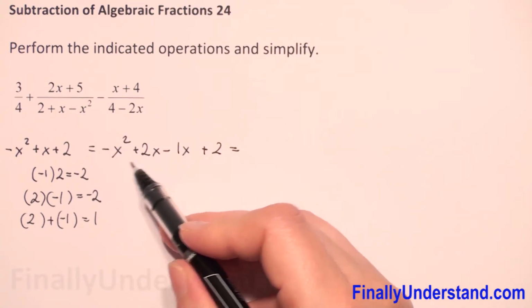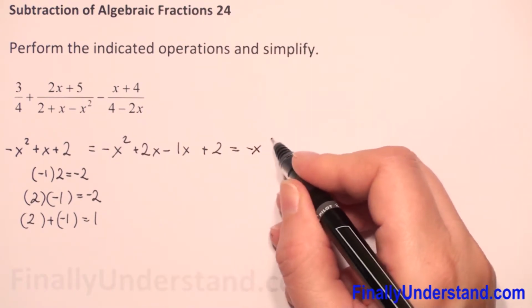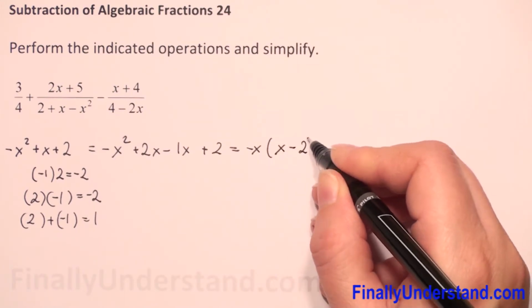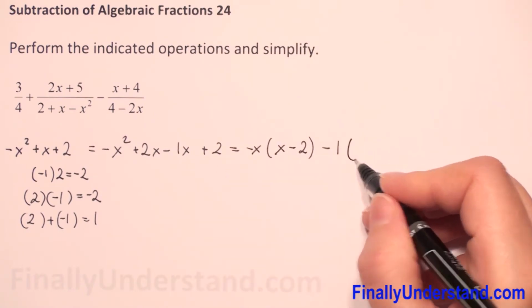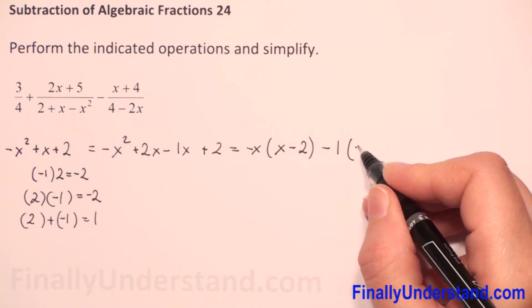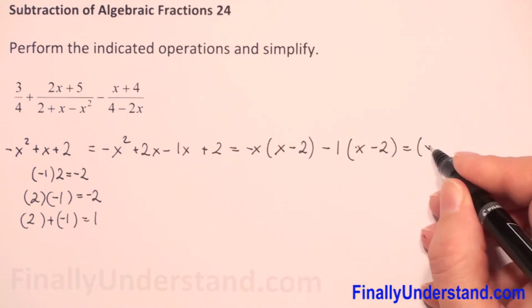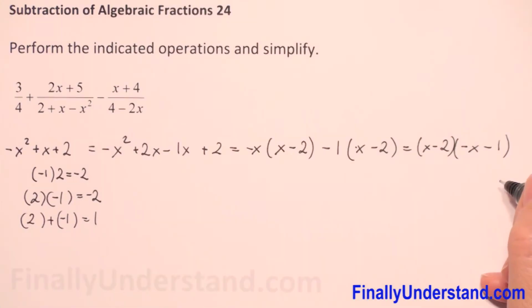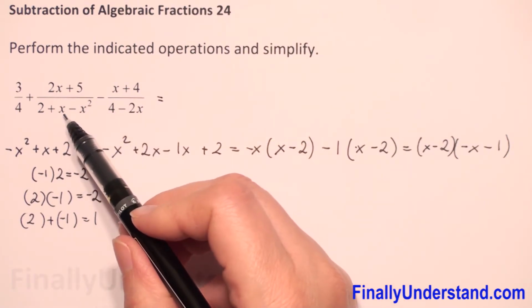We can factorize negative x from the first two expressions, so it will be x minus 2, and negative 1 from the last two expressions, so it will be x minus 2. So now we can factorize x minus 2, and in parentheses we will have negative x and negative 1. So now we can rewrite our denominator, the second denominator.